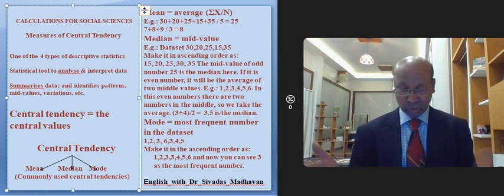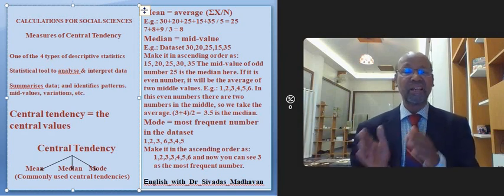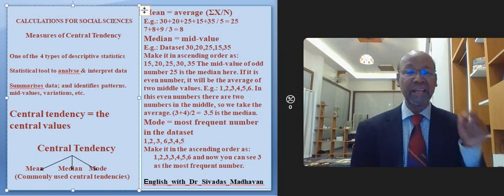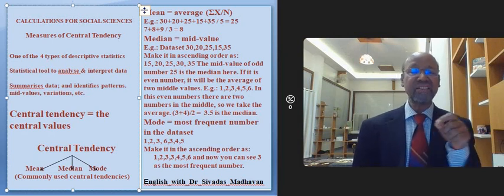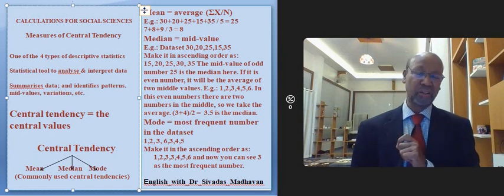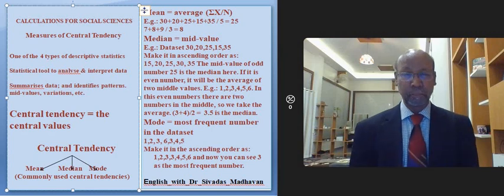And there are 2 types. For example, if you take the data points as 7, 8, and 9, there are 3 values, and the middle one is 8. 7, 8, 9. 8 is the mid value. In this case, it is an odd number.